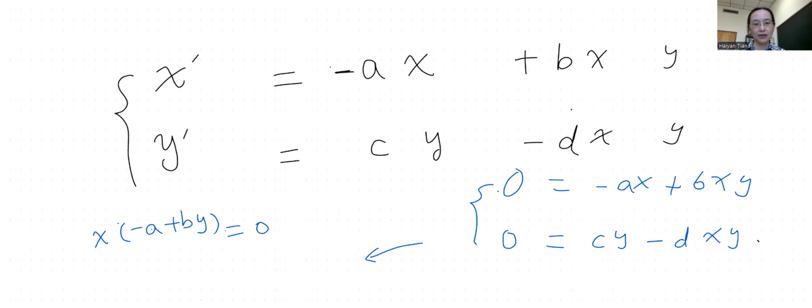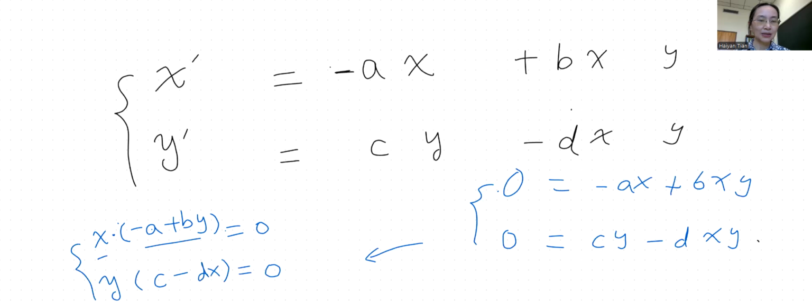Second equation, we also put 0 on the right-hand side, and we factor out y, which is a common factor, and c minus d x. And this equation does not involve the derivative of x or y. So we can use the zero factor property. If the product of these two quantities is 0, at least one of them should be 0, right?